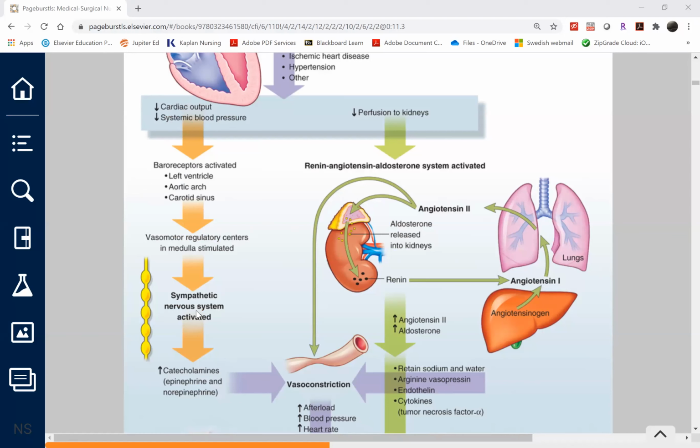Epinephrine will cause a high heart rate, that's obvious. And then of course vasoconstriction. When there's vasoconstriction, the vessels that are prioritized here are the central vessels, meaning the body considers all peripheral organs, namely the skin, the GI tract, even the kidneys, not essential organs.